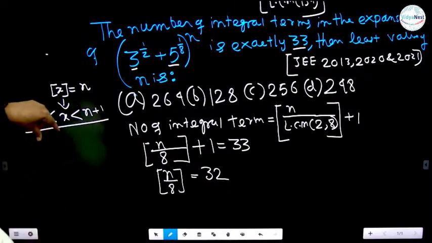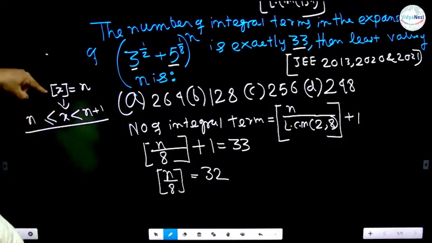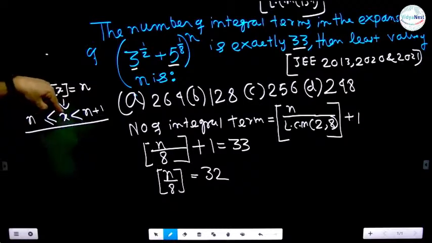If box x is equal to n, then x lies between n and n plus 1.